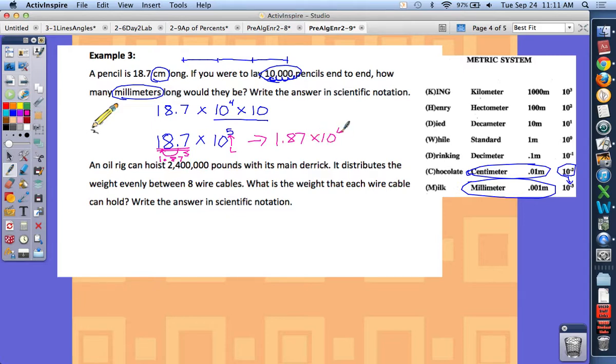If that doesn't quite make sense, let's multiply this out, because I know that's kind of a hard concept. Let's take 18.7 times 10 to the 5th. Make that standard form for me. That would end up being 18.7 with 5 spots for the zeros.